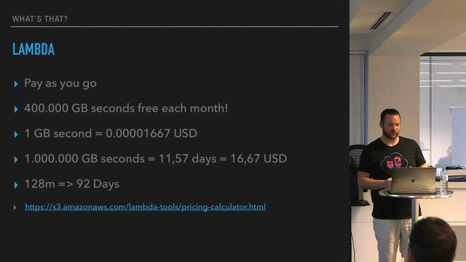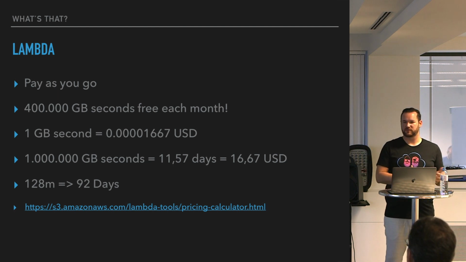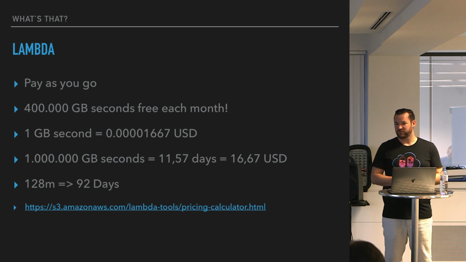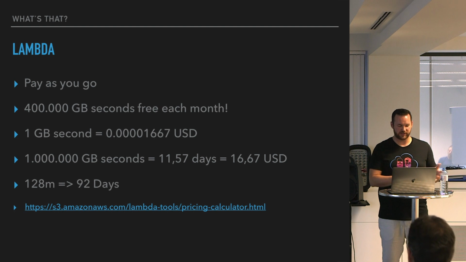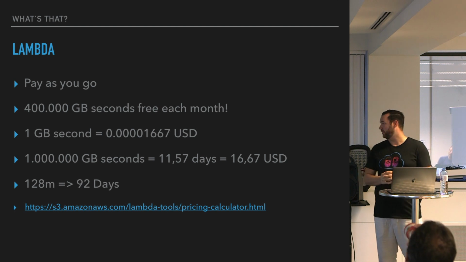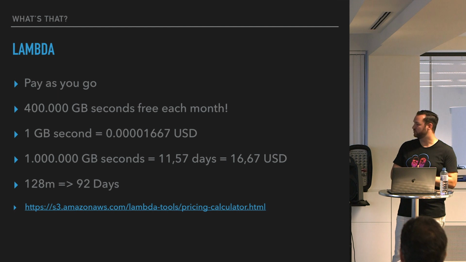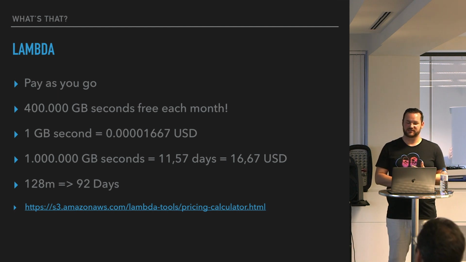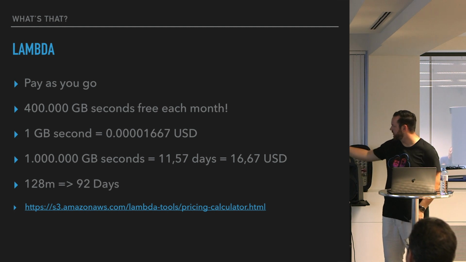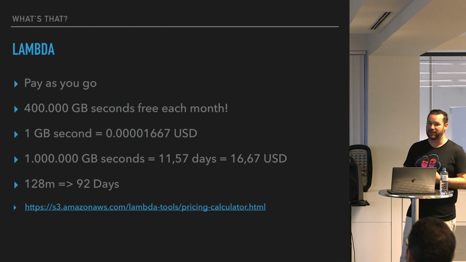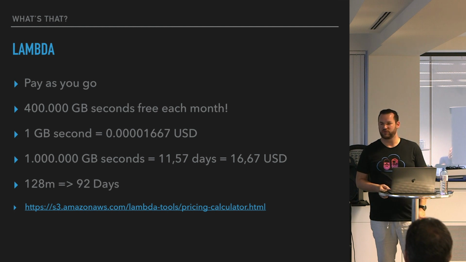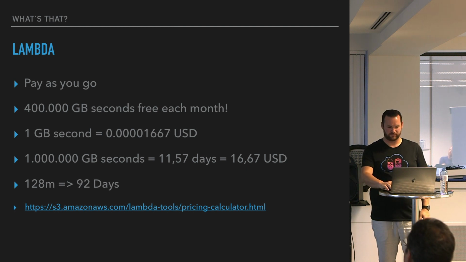And if you don't use 1 gigabyte memory, but rather 128 megabytes, which is more than enough in this project, for example if you use Node.js, then you could let your Lambda function run for 92 days without any break, and you just pay $16. So that's very cheap. And you can have the slides afterwards. Here you find a pricing calculator for Lambda, and you can play around with it and have a look at how much you really pay if you use Lambda for your project.